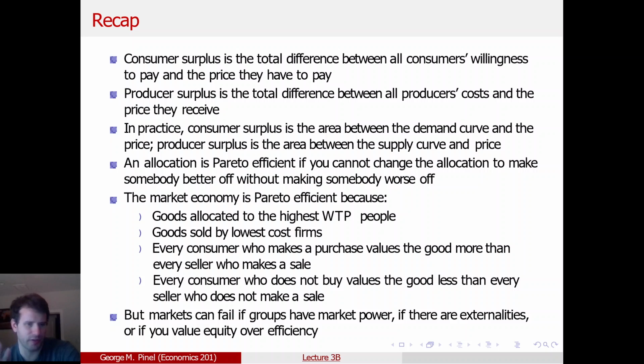It's not hard to think of examples in the real world, but a market isn't going to care about whether you are starving.